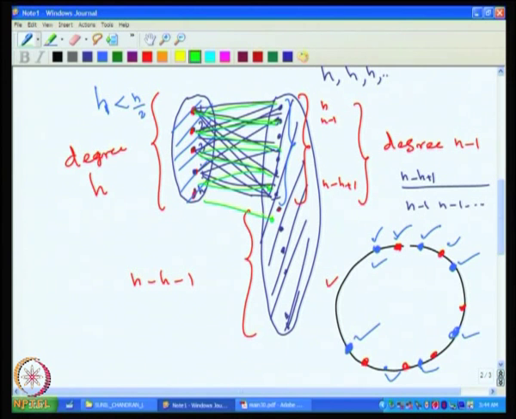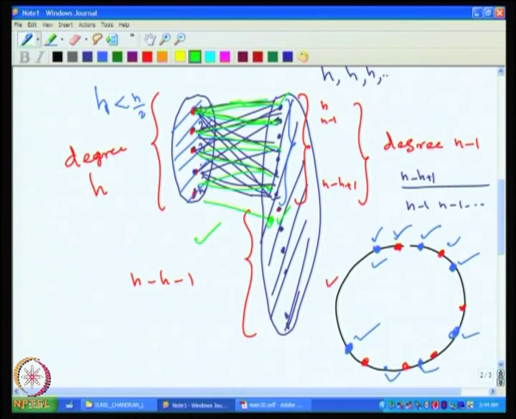So, once it enters through one vertex, it has to come out through one vertex. Therefore, there should be one more vertex in the neighborhood of h; exactly h neighbors are not enough. So, we see that this is not a Hamiltonian graph.